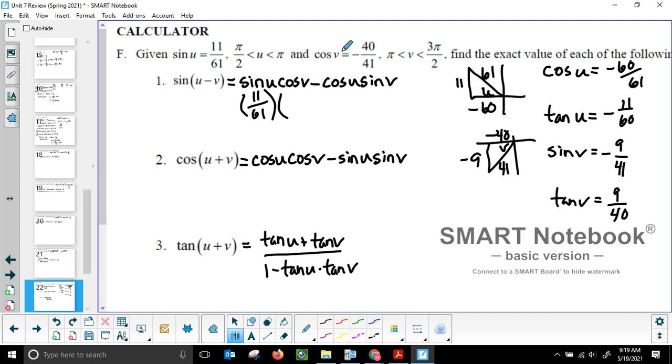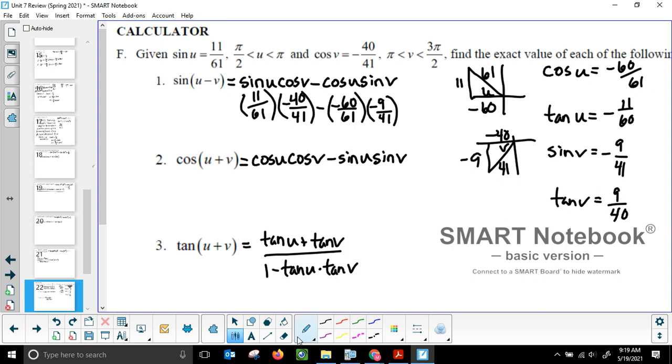I replace the entire cosine of v with negative 40 over 41. I have a minus. I replace the entire cosine of u with negative 60 over 61, and I replace the entire sine of v with negative 9 over 41.